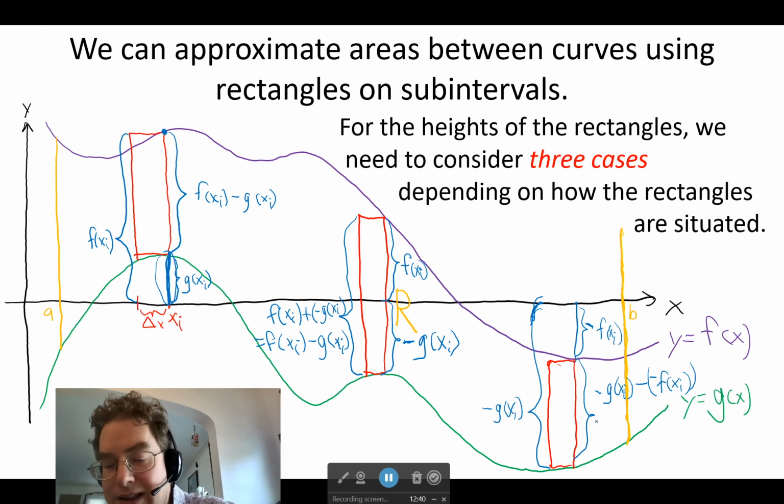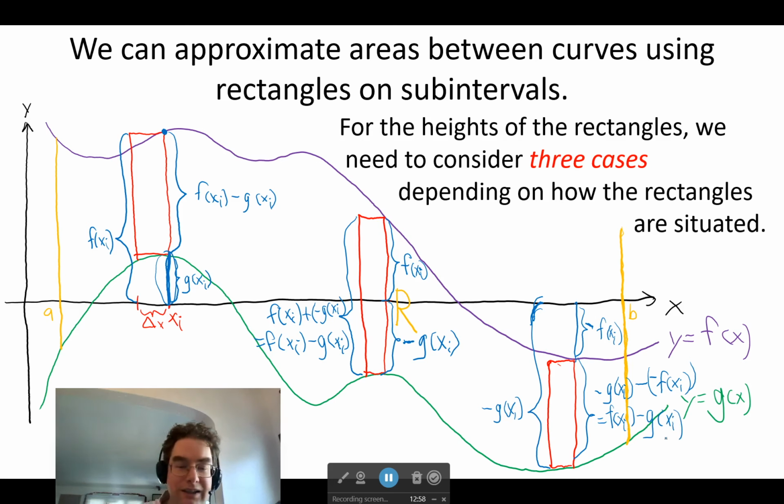So we can rewrite this as just, okay, the minuses will cancel, and we'll have f of xi, and then still minus g of xi. And so just like in the other two cases, we see that the height of that rectangle, sure enough, can be represented by f of xi minus g of xi.